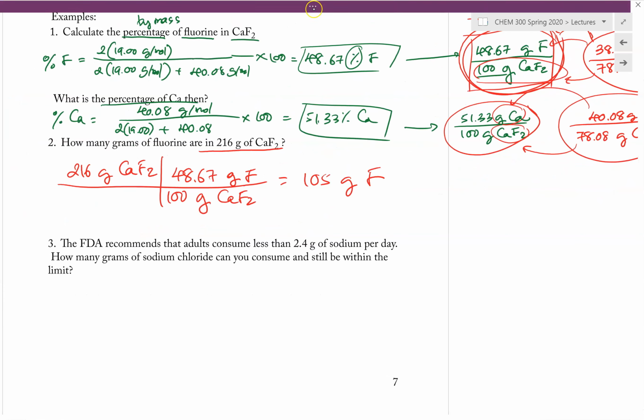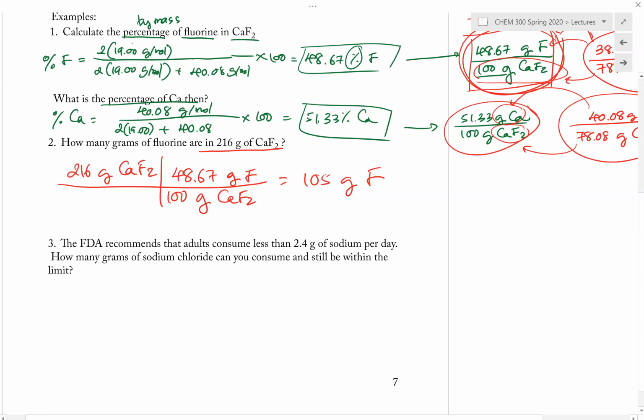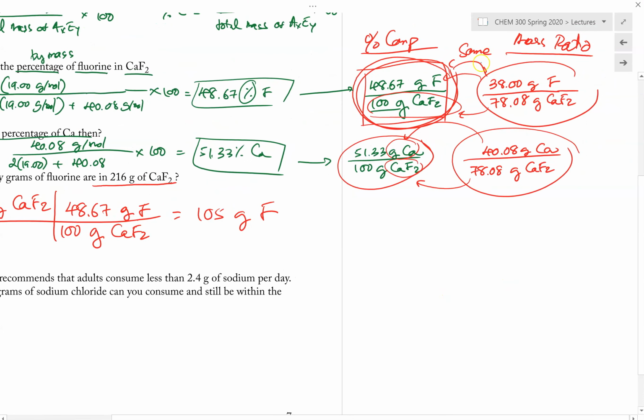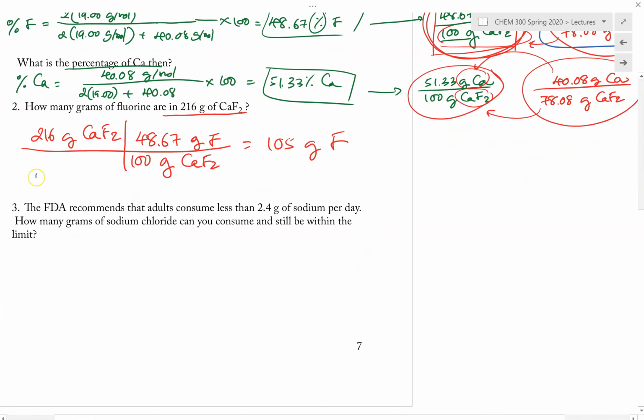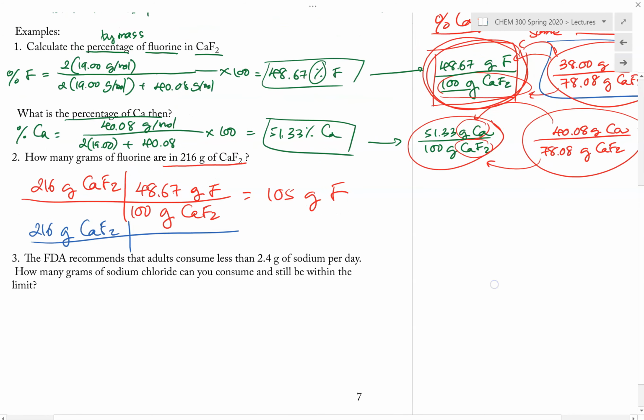Now similarly, we can also solve this problem by using the mass ratio as the conversion factor. And this is how we would set this up. 216 grams of calcium fluoride. And now, the molar mass of calcium fluoride is 78.08 grams of calcium fluoride.